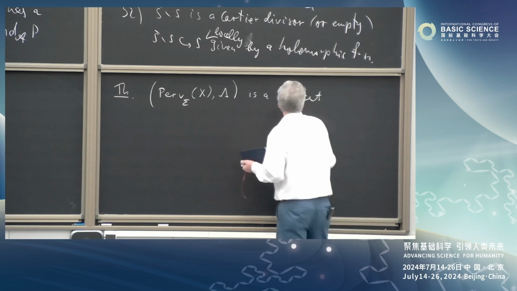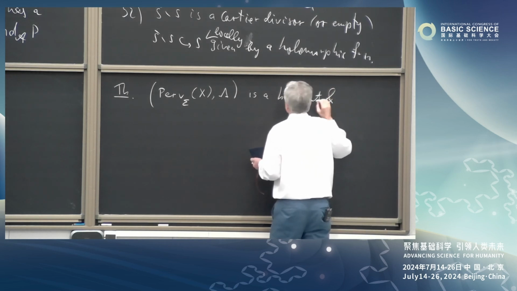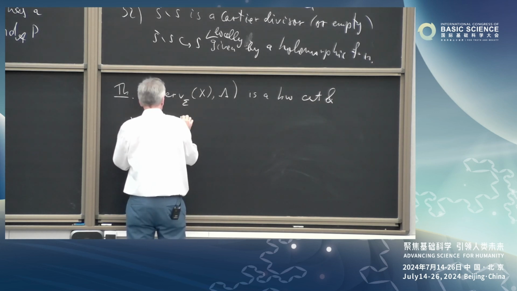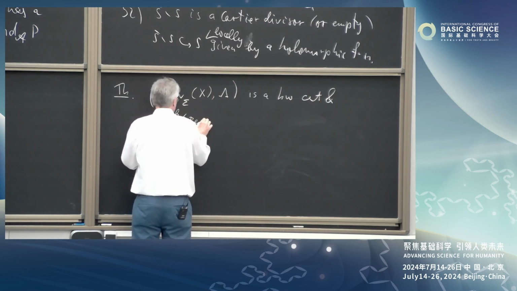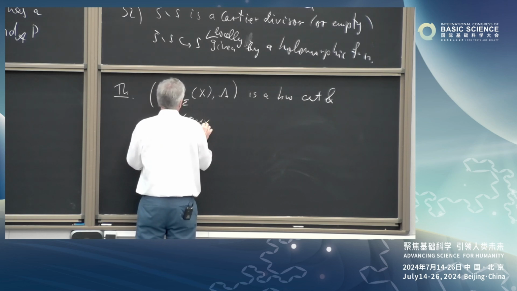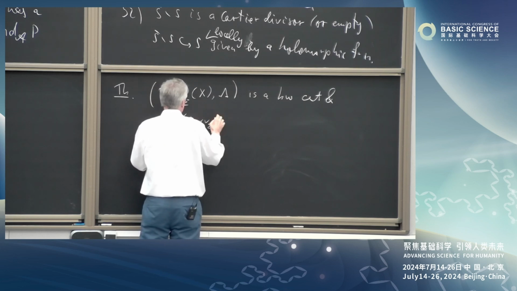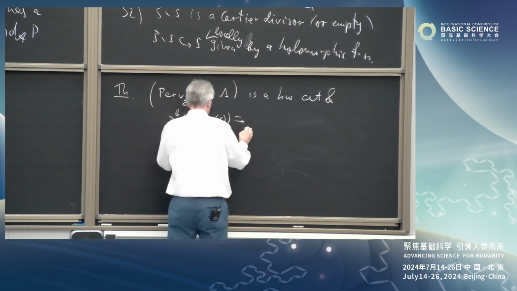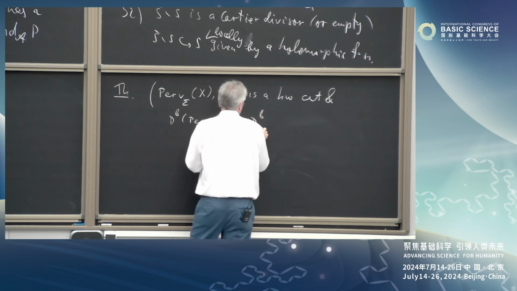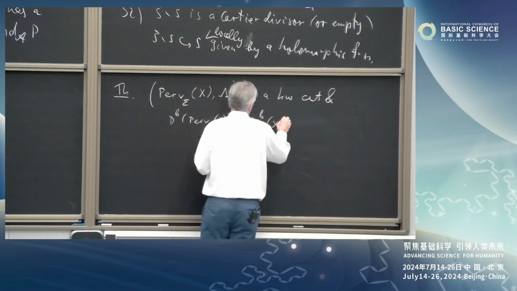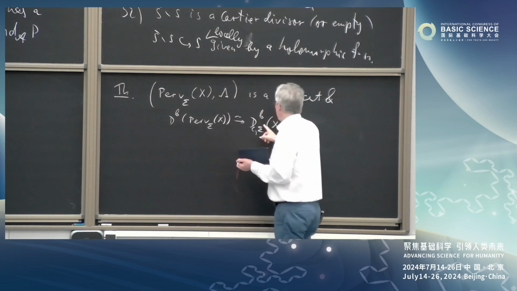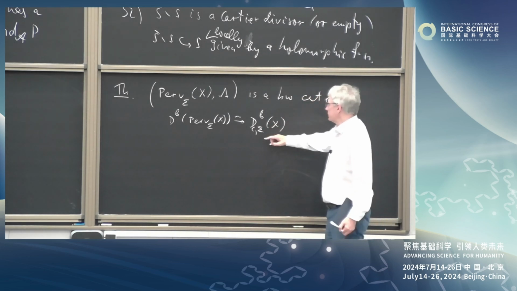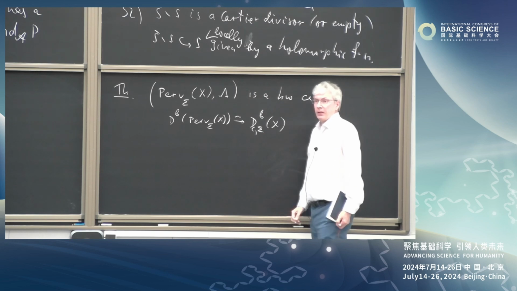And moreover, we have a derived equivalence: the bounded derived category of perverse sheaves on Sigma, you can just take the derived category of the abelian one, is equivalent to the derived category of constructible sheaves with respect to this stratification.